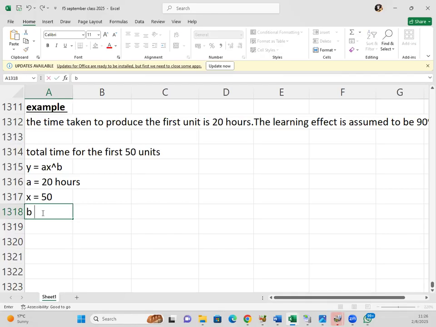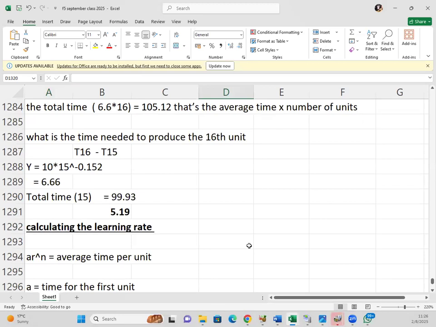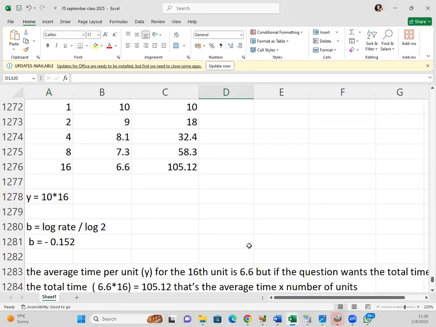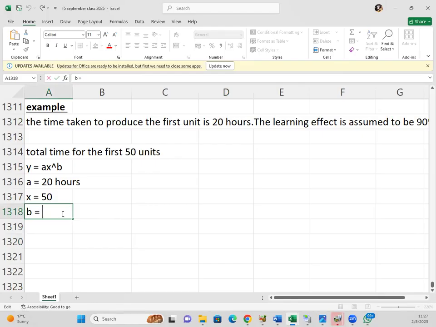Then B, we said, is log of rate over log of 2. So what's the value for B? 0.152.